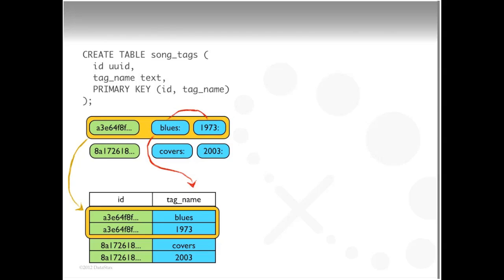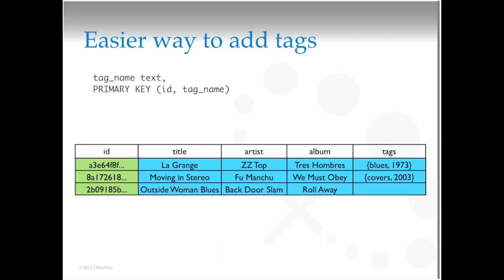Before the one more example, one of the things we added in 1.2 is collection types. So you can define columns to be lists or sets or maps, which gives you an easier way to denormalize than pulling things out into a separate column family.